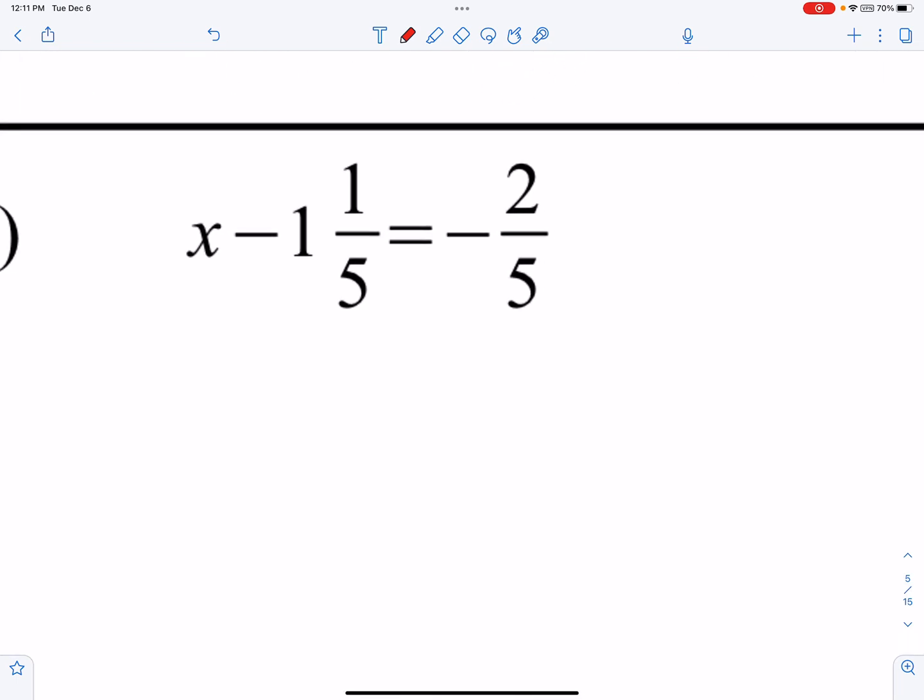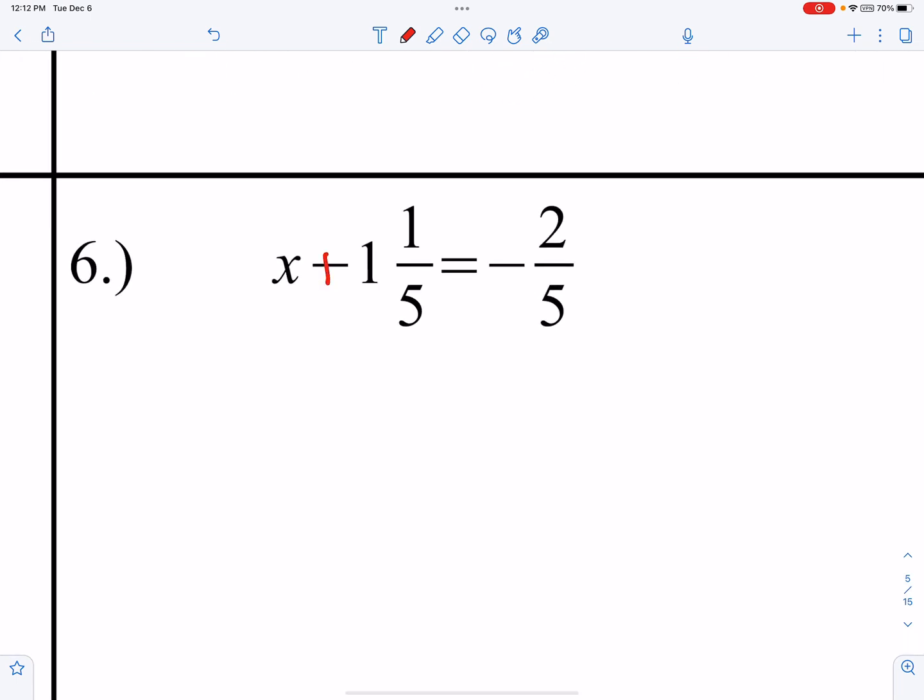All right, and last one. I'm going to KFC this right away. I'm also going to, just to uncomplicate things, create an improper fraction. So we end up with a negative 6/5 here instead. Okay, so I have x plus negative 6/5.